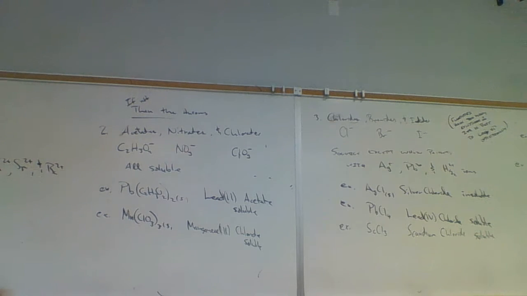What is this called? Iron 3 sulfate. Is iron 3 sulfate soluble or insoluble? Iron 3 sulfate should be soluble. So if I have some solid iron 3 sulfate, it should dissolve in water.